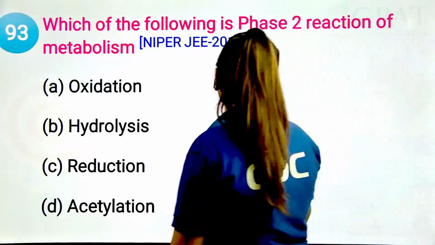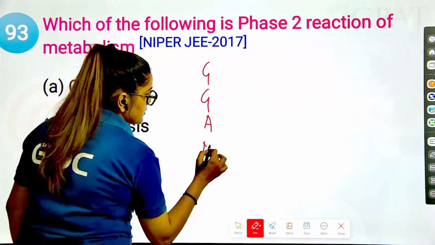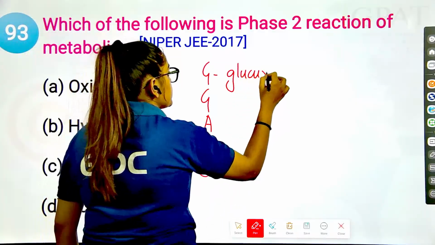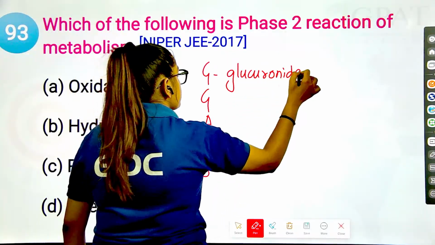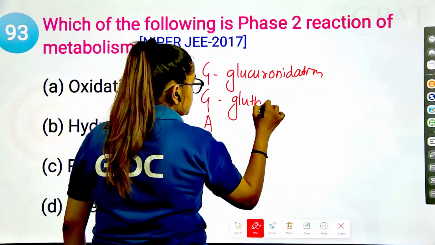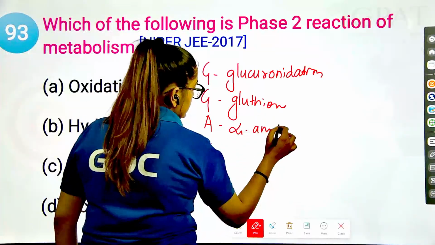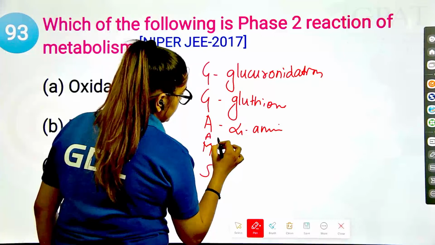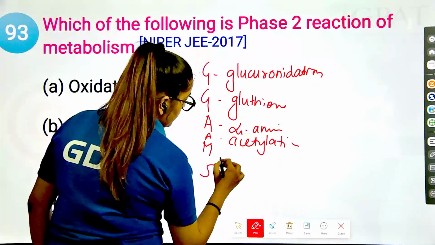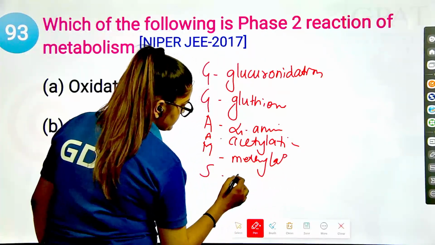You have heard about all these. We have glucuronidation, we have glutathione conjugation, we have amino acid conjugation, we have acetylation, we have methylation, we have sulfonation.